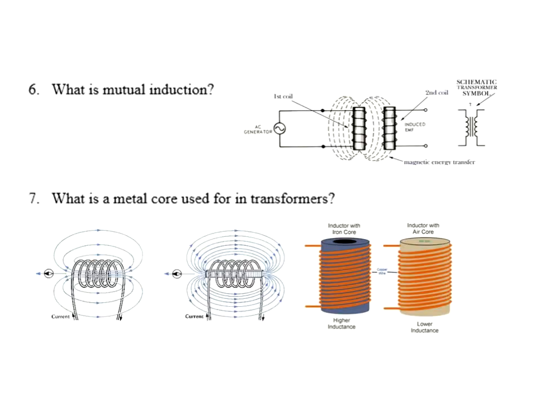All right, transformers work on the concept of mutual induction. When I put voltage into this primary, electromagnetic lines of flux or lines of force build up and cut through the coils of the secondary. And that's what generates the voltage. You'll recall that Faraday and Lenz studied this idea of transformers, and Faraday said that if lines of force cut through a wire, you're going to generate a voltage on there.